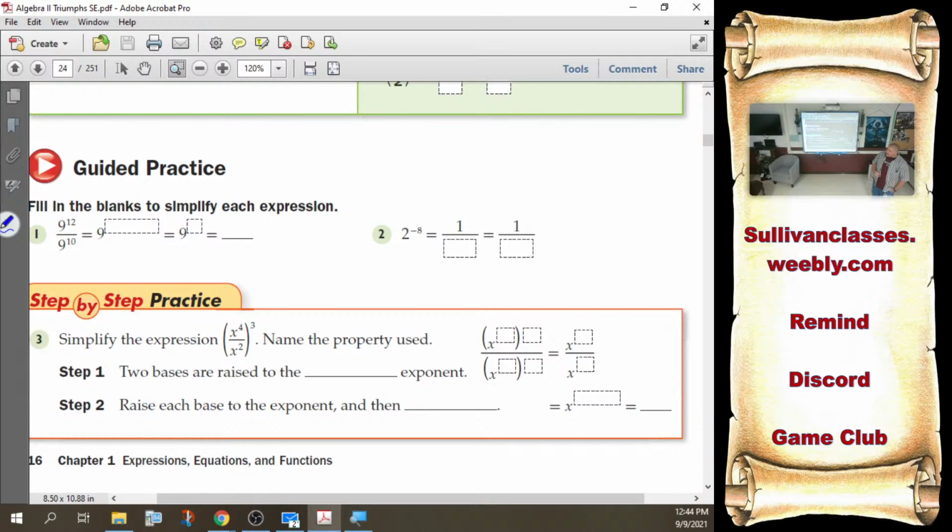Rules 6 and 7 have fractions in them. This says 9 to the 12th over 9 to the 10th. I don't see any parentheses. So is it rule 6 or 7? 6. Process of elimination, right? It looks like rule 6. Rule 6 says I subtract things, so I'm going to write 12 minus 10 is 2. And then 9 to the second power.